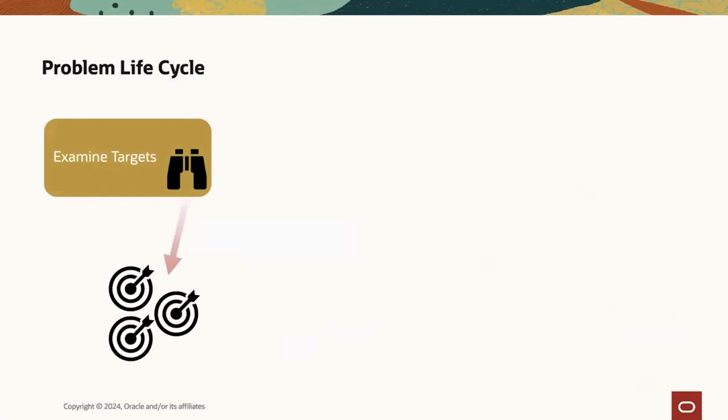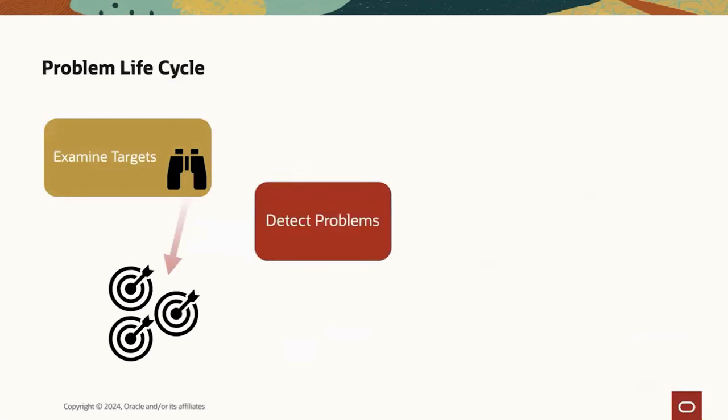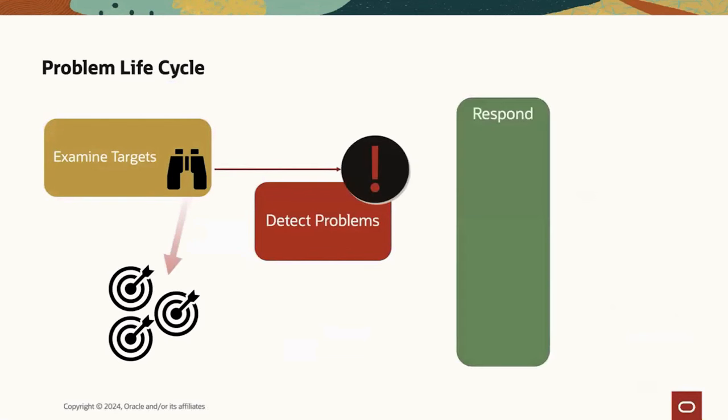So let's take a look at the problem lifecycle. Once you've configured targets and applied at least one detector and a responder recipe, we're going to start seeing problem surfacing. So when viewing a problem, you'll have 2 or 3 options. You can respond by resolving or remediating the problem, or dismissing a problem.